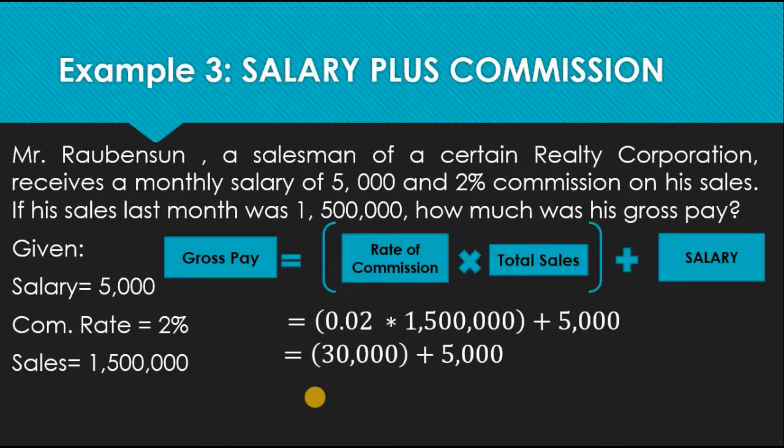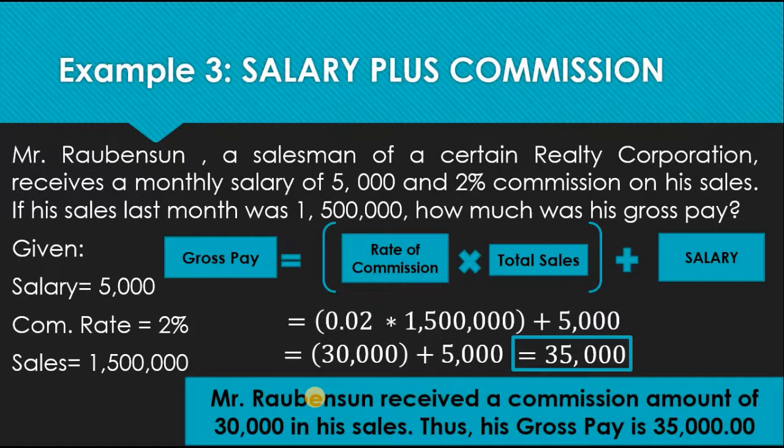Simplify, 30,000 is the commission plus the fixed amount 5,000, that is now 35,000. In short, Mr. Robinson received a commission amount of 30,000 on his sales. Thus, his gross pay is 35,000.